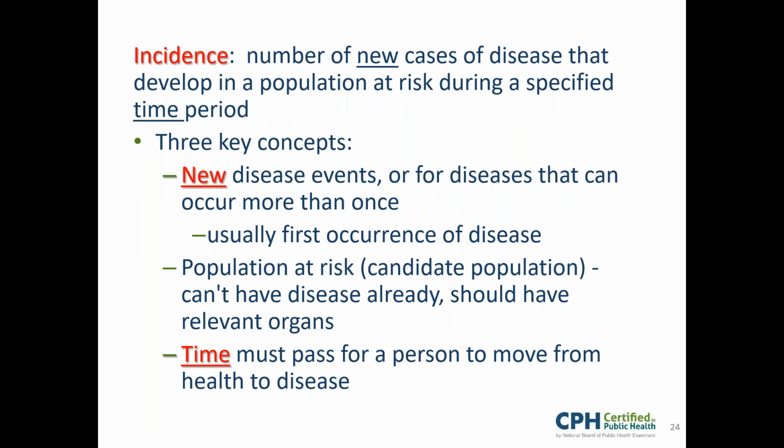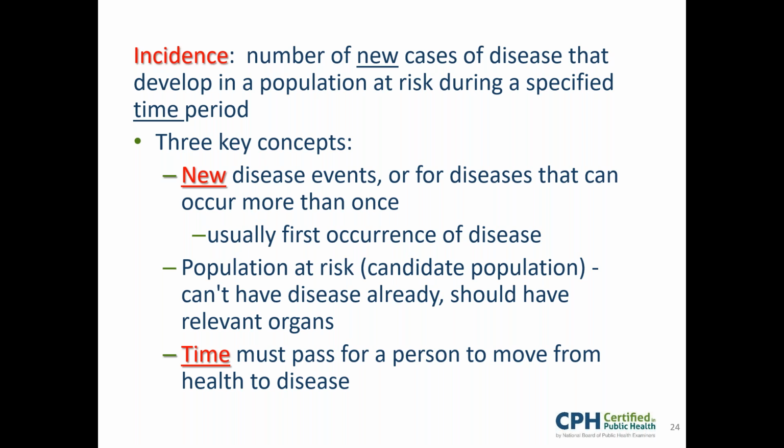Incidence is defined as the number of new cases of disease or health event that develops in a population at risk during a specified time period. There are three key concepts when talking about incidence. One, it must be a new disease event, or for diseases that can occur more than once, we often just use the first occurrence of the disease.